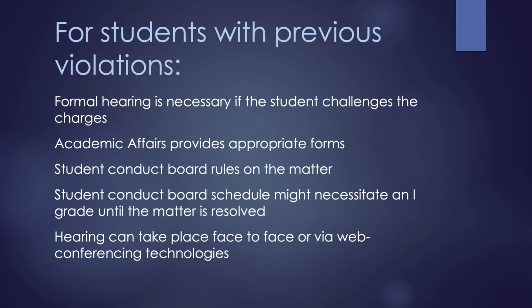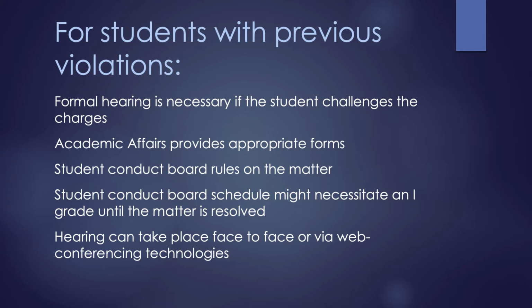If the student has a record of prior academic dishonesty violations, then the only means of addressing the matter is through a formal resolution before the University Student Conduct Board. If the student challenges the charges, the adjudication will include a hearing before that board. The Student Conduct Board includes administrators, faculty, and students.